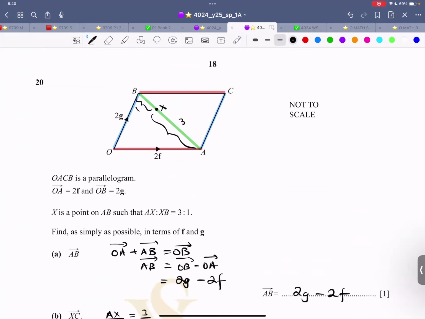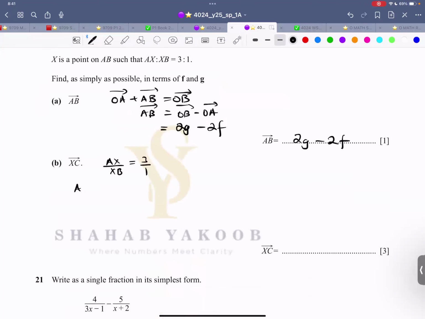So in order to find XC, I can work with AX. So AX is 3/4 of AB. This is AB right over here. So AX is 3/4 of (2g minus 2f). That is 3 over 2 g minus 3 over 2 f. That is the first thing.